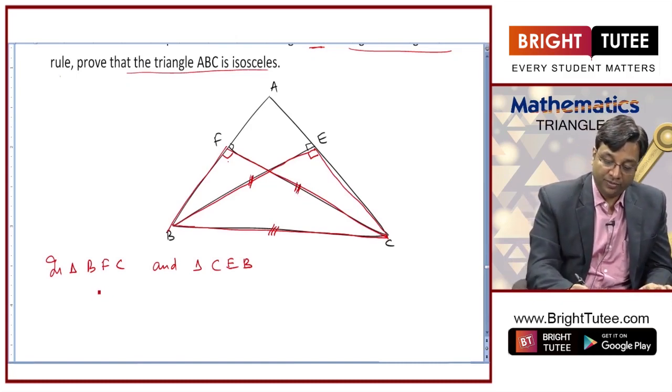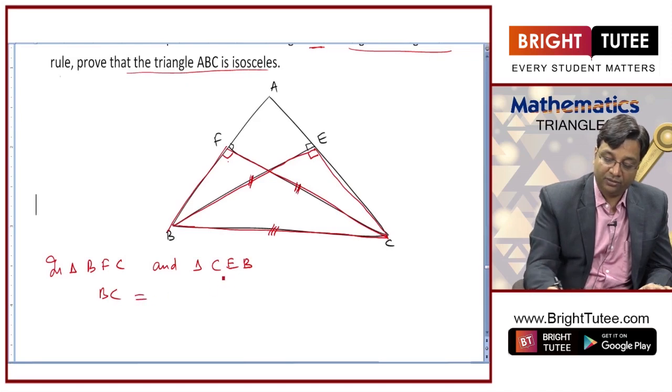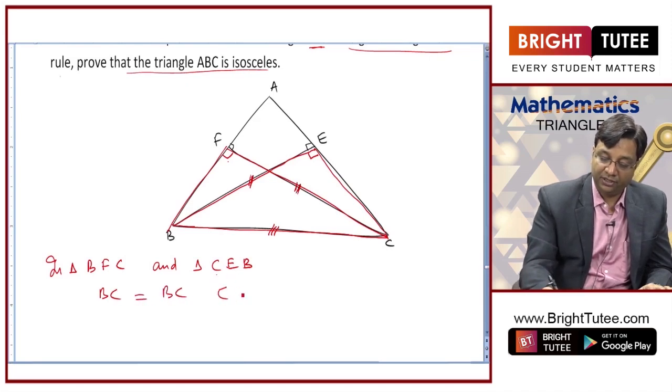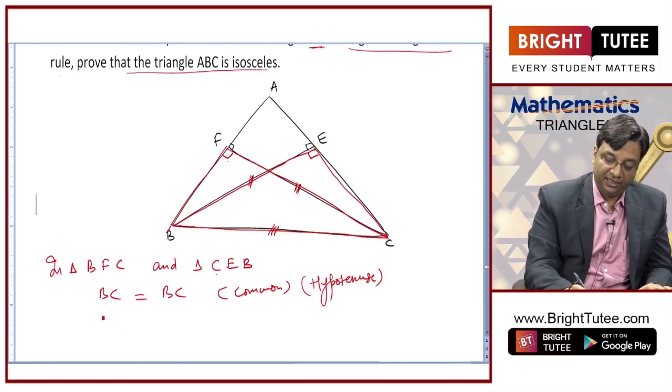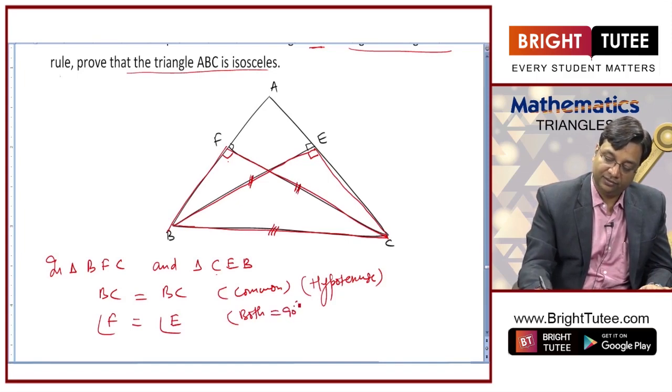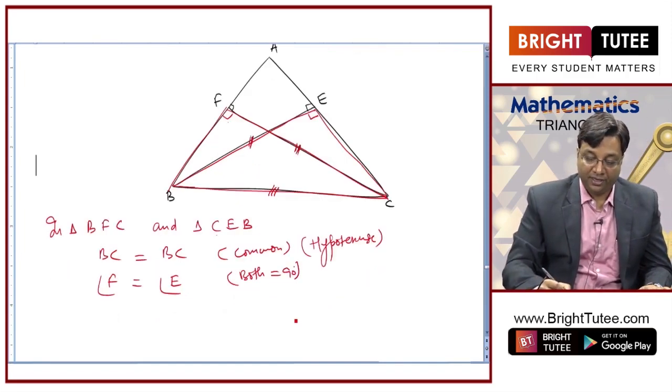So, let me show it to you. In triangle BFC, BC is equal to side BC, which is common, and let me remind you that this is hypotenuse in both these triangles, right? And angle F is equal to angle E, both are right angles, right?